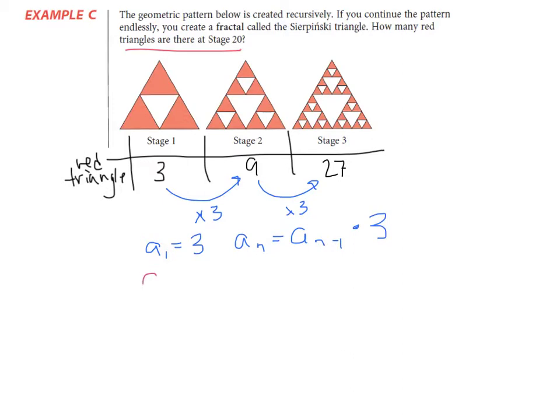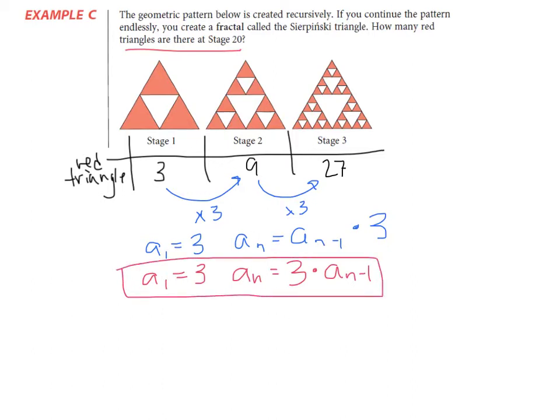So what would be an even better way to write that is a sub 1 equals 3 and a sub n equals 3 times the previous term. Okay. It's not necessarily wrong if you write it the first way, but it does look cleaner to write it the second way. Okay, now we can use that to find our 20th term.